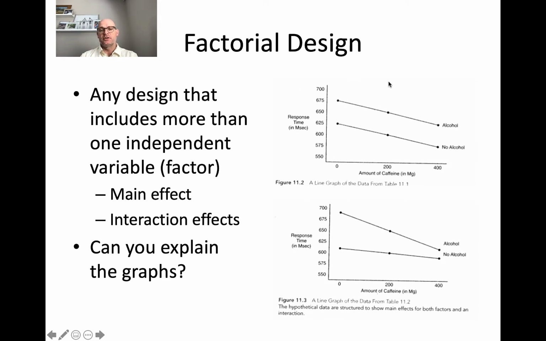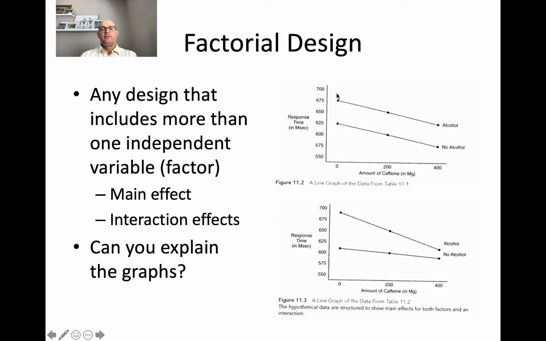If we look at this first graph up here, it looks at the relationship between the amount of caffeine and response time. Amount of caffeine is on the x-axis and response time is on the y-axis. As you increase the amount of caffeine, your response time goes down. Okay, cool. But there's also a secondary effect here: alcohol plays a role.